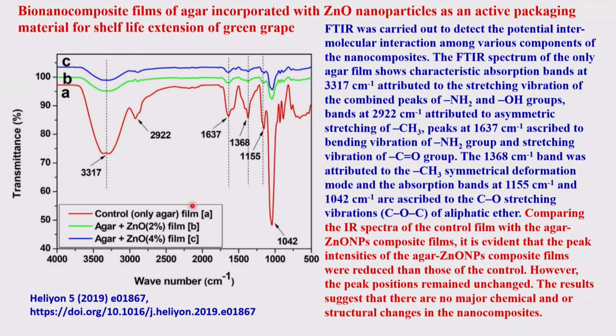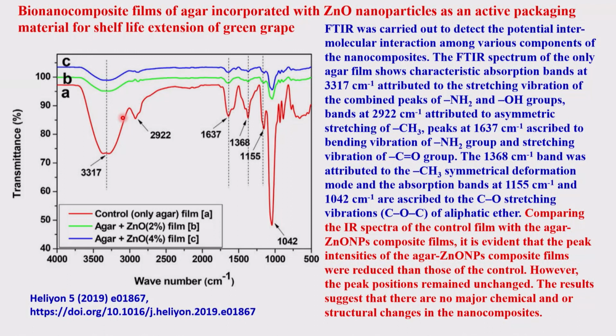Again, kindly draw your attention to the slide, where I am always showing the different regions of the spectrum. This is a nanocomposite film made from agar. To make this agar film sustainable for the durability of green grapes, zinc oxide nanoparticles are used. So zinc oxide nanoparticle is put into the nanocomposite, similar to the previous case of graphene oxide and zinc oxide.